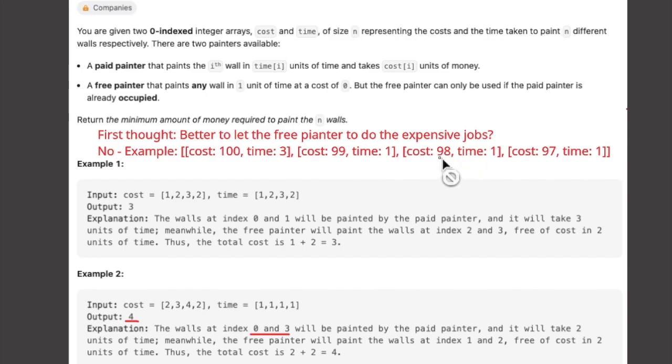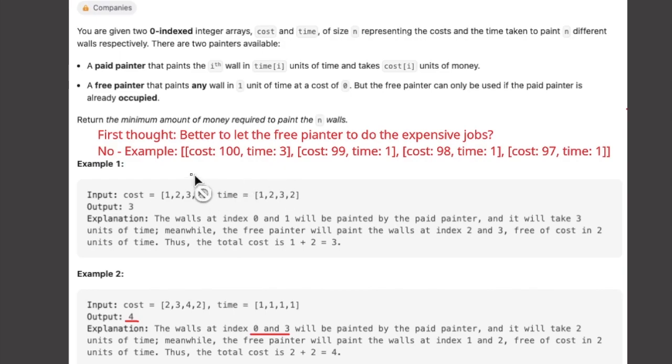So we'll have something like 98 plus 97 as the answer. However, if we just take the first job, even though it's more expensive, it has more time for the free painter to work with.